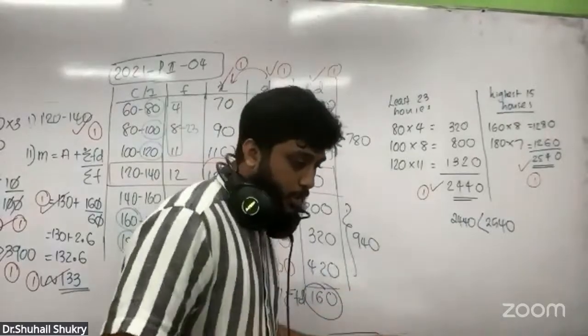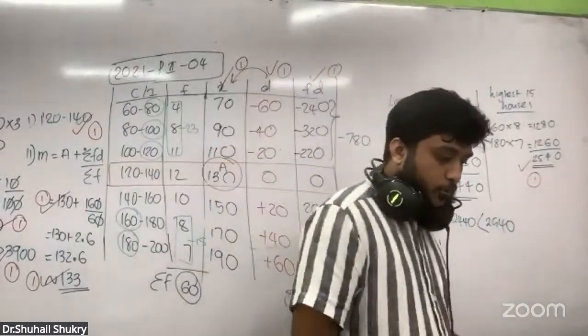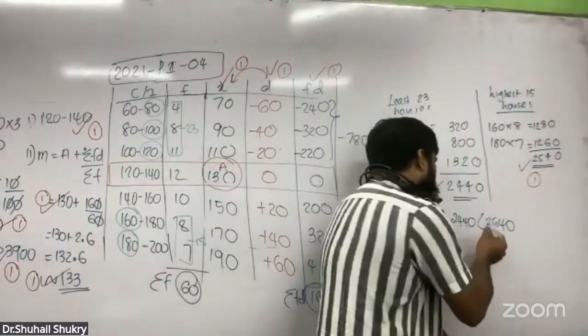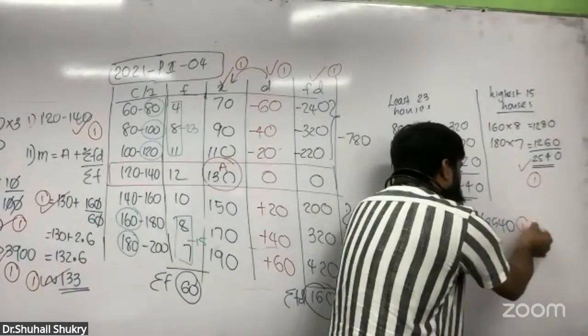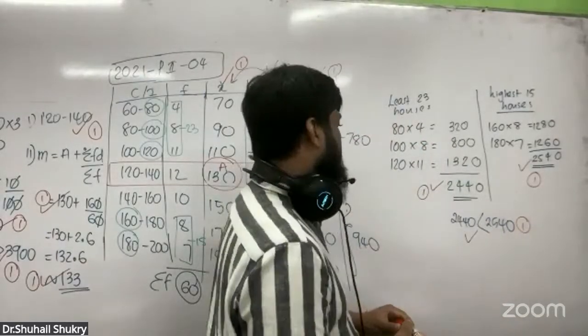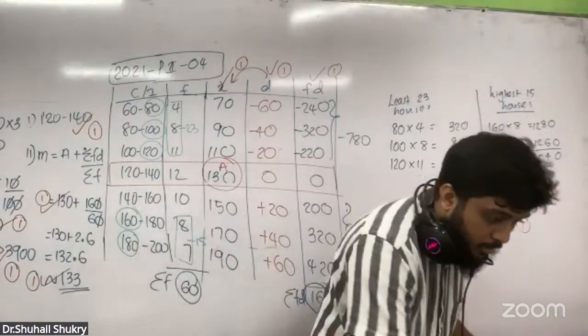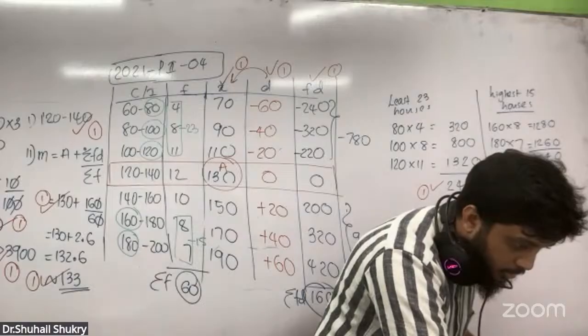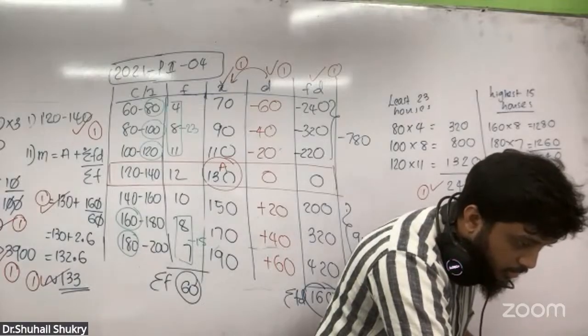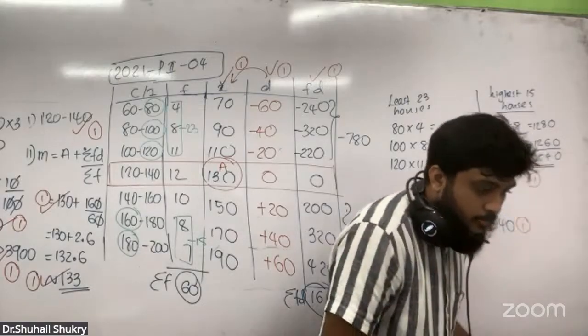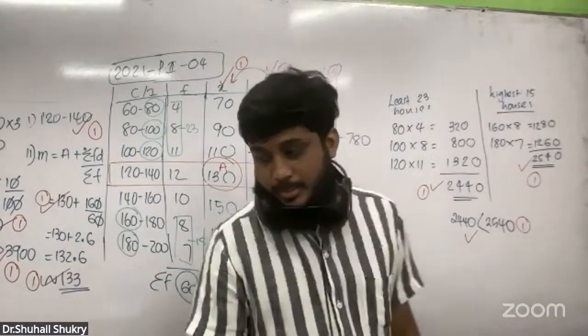And for showing that 2540 is greater than 2440, they have given 1 mark. So for the third question, they have allocated 3 marks. Sorry, no, only 2 marks they have allocated.